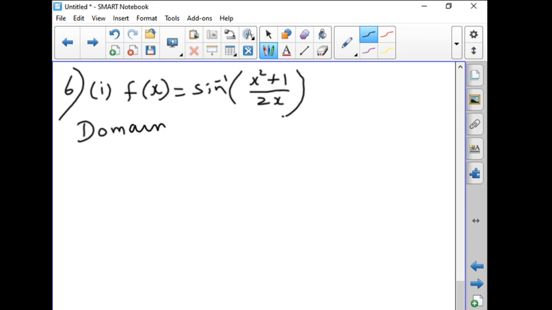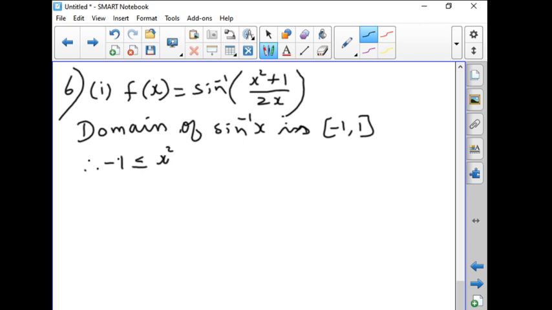We know the domain of sine inverse of x is minus 1 comma 1. So therefore we have minus 1 less than or equal to (x square plus 1) by 2x less than or equal to 1.